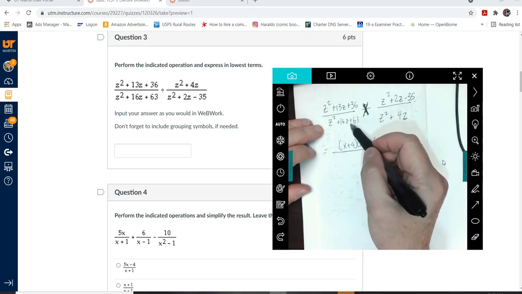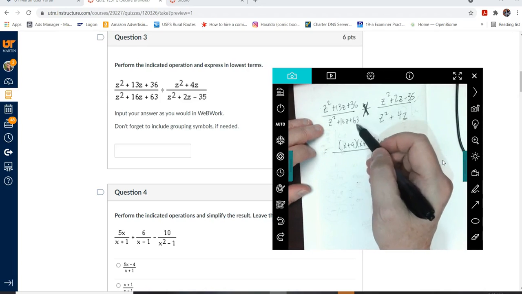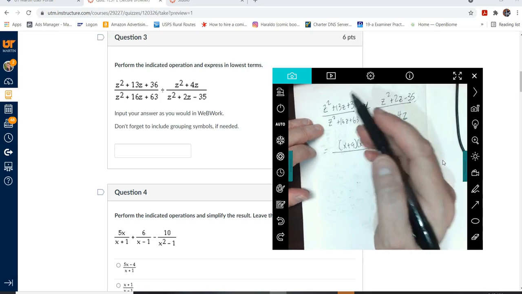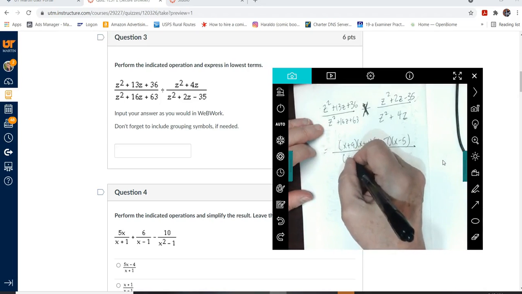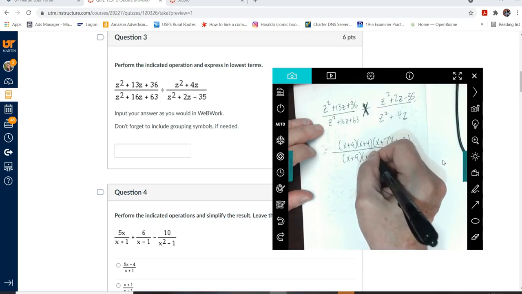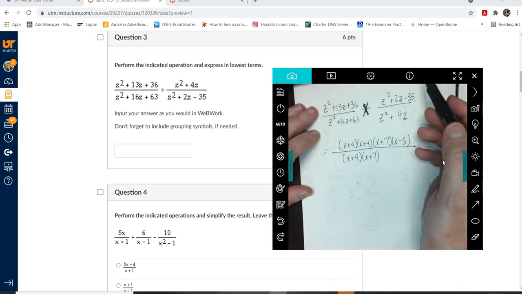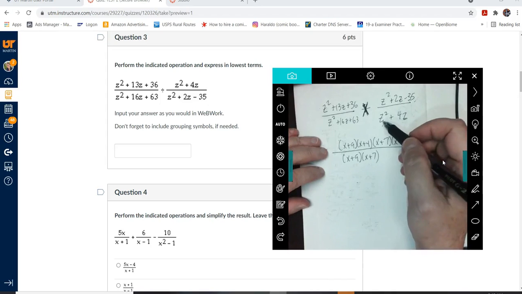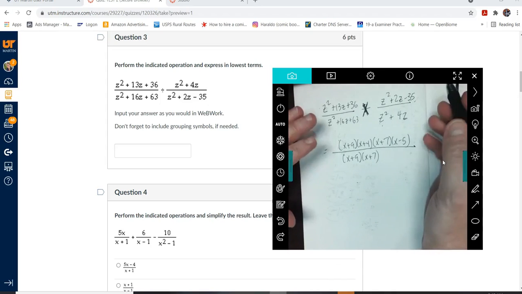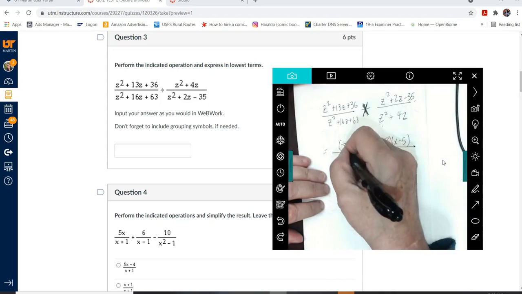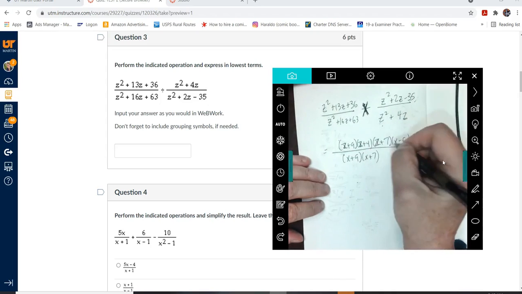Two numbers that multiply together to give me 63, but add up together to give me 16. That would be 9 and 7. And oh, these are all z's, my bad. And something I can factor out of that, I can factor out a z. So those should all be z's.